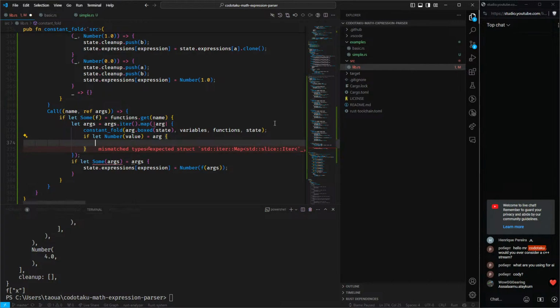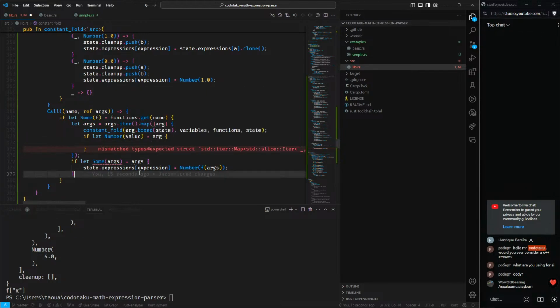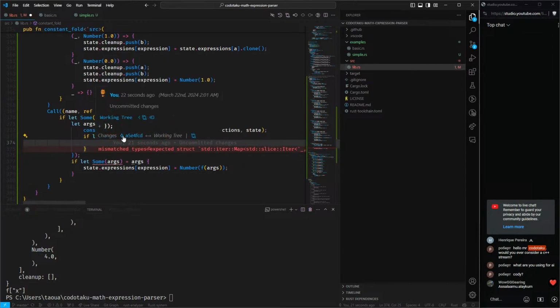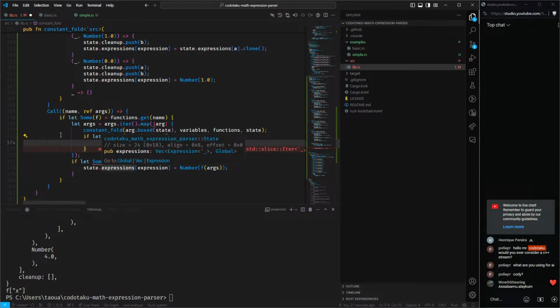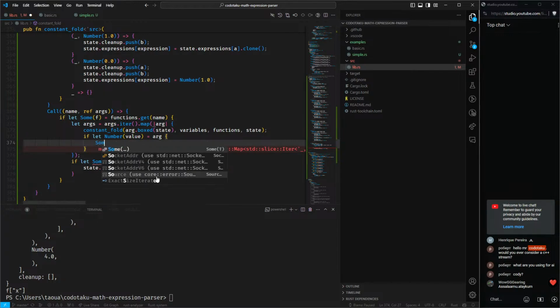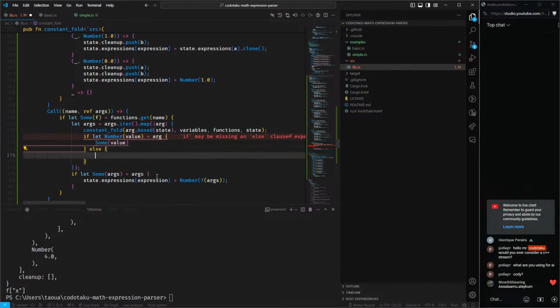I don't think this would work, honestly. If let Some args, that's weird. Why are you checking for? Oh, I see. But anyways, so now if let number is equal to arg, then return Some value, I think, else None maybe.